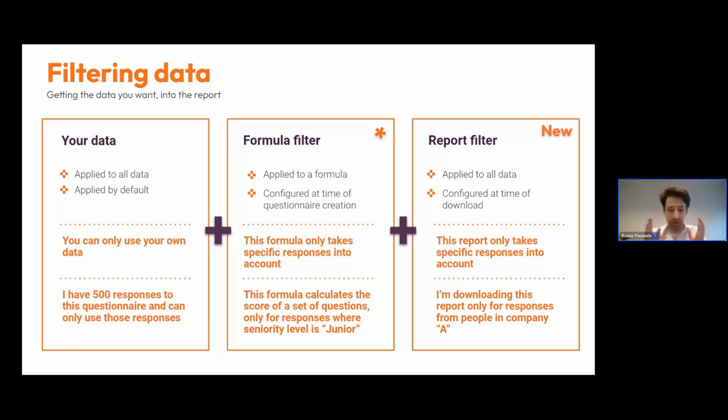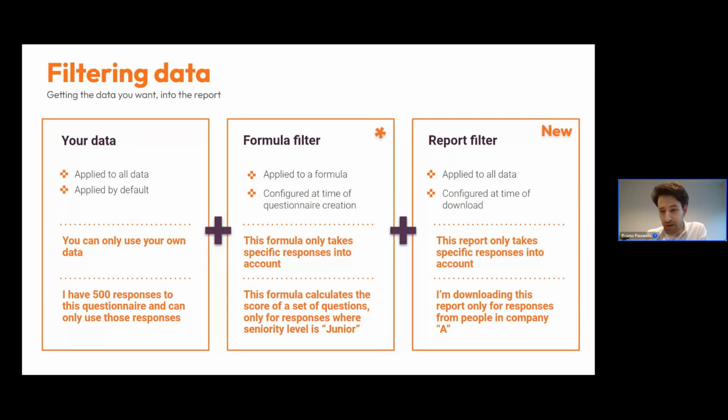So obviously you'll be only using your data. If you're on a higher plan, like a distributor plan, and you have multiple accounts underneath in your organization, each of them will only be limited to seeing their own gathered responses. So there's no risk of looking over the wall. And we already had the formula filters.